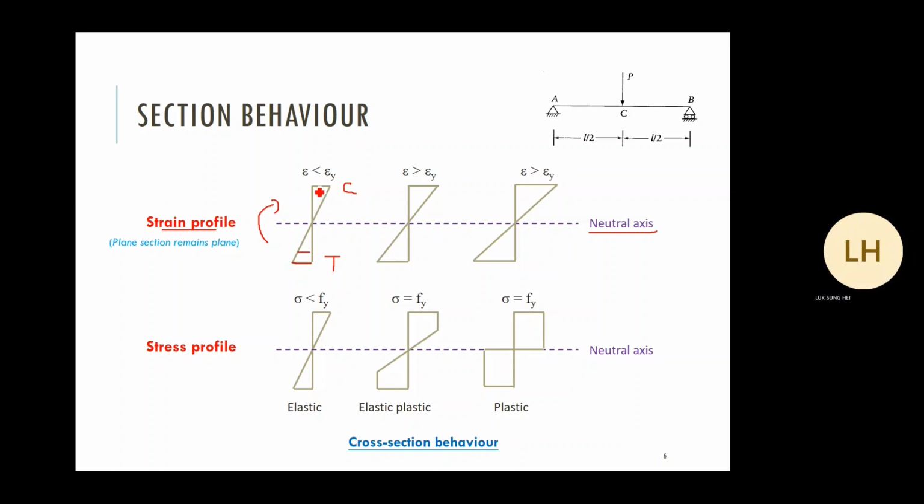On the top part, compression means every fiber is under shortening. In between shortening and elongation, there must be a level with no elongation, right? There must be one transition level, no elongation, no shortening. This special level we call the neutral axis. Sometimes I may simply call this NA for simplicity.